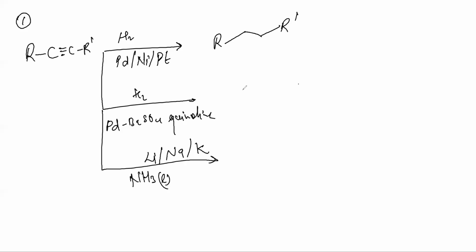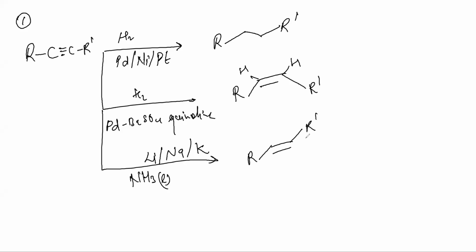The first reaction will give you alkane as a product. The second reaction will give you cis alkene. And the third will give you trans alkene.